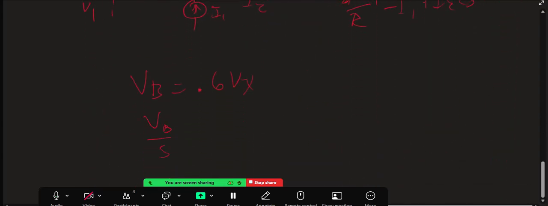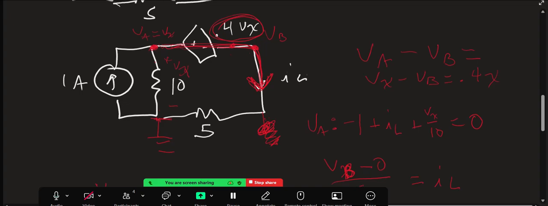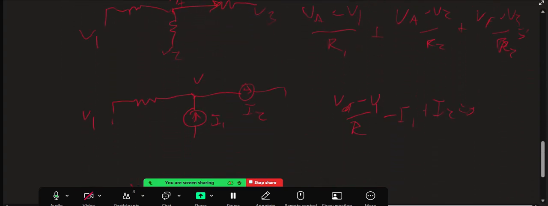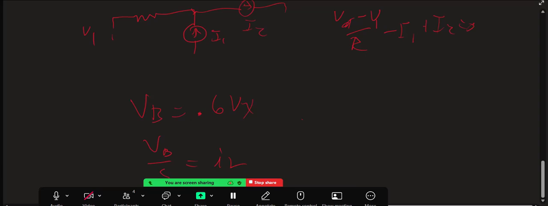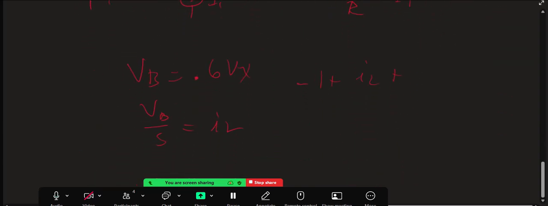And we have that minus 1 plus IL plus Vx over 10 equals 0. So now I can substitute in.